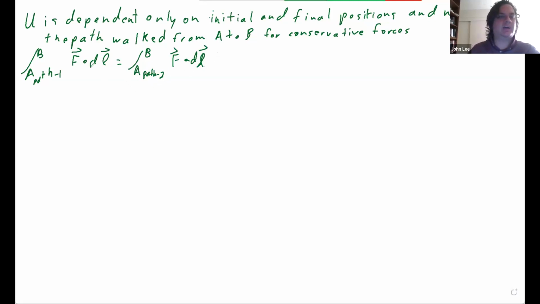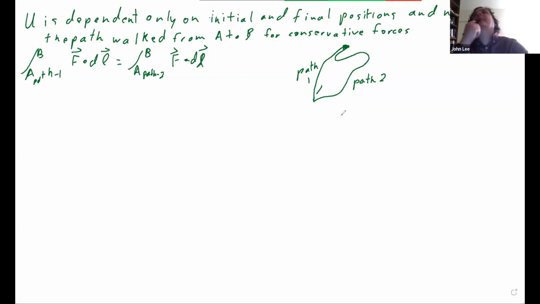Basically, if you go from here to here, it's the same thing as going from here to here, path 1 and then path 2.